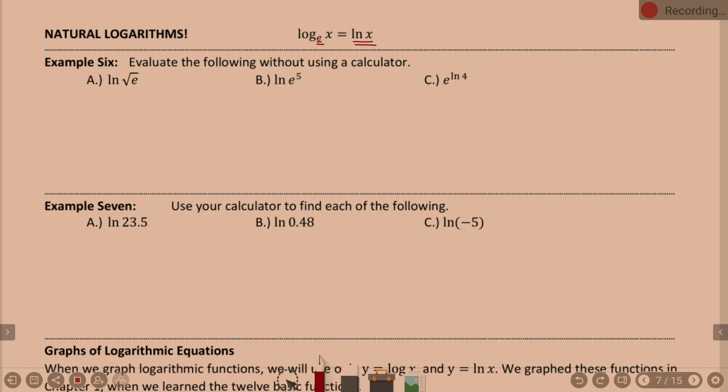Now, this first set says to evaluate without the calculator, which means we're using our rules, right? So natural log is what base did we say? Base e. How could we rewrite the square root of e? E to the 1/2, yes?